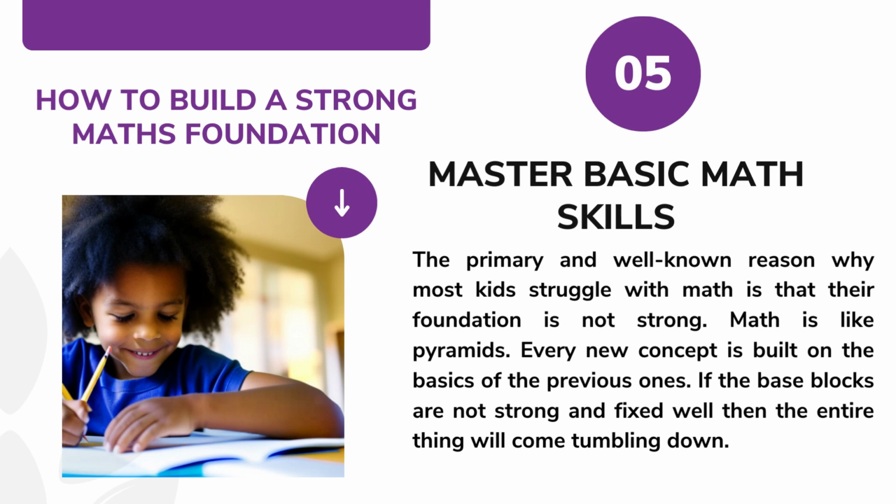Every new concept is built on the basics of the previous one. If the building block is not strong, everything will come tumbling down. Within the first 3 years of grade school, your child must master the front and back of the basic mathematical operations: addition, multiplication, division, subtraction.